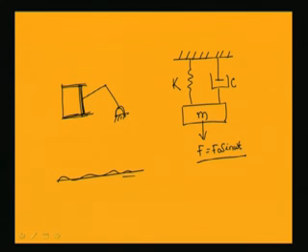One may take a force which may be equal to f1 sin omega 1 t plus f2 sin omega 2 t, or a summation of multiple terms, or one may take some other type of forces also.